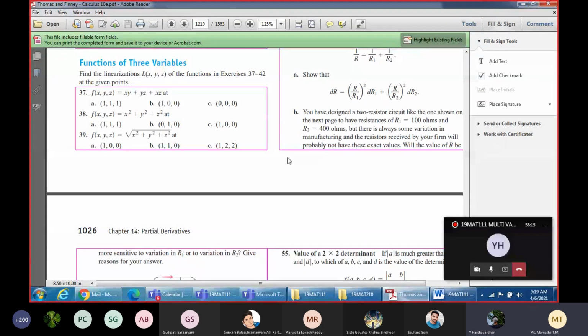Yeah, at the point A. You can mute when you have to answer. You can unmute and answer.